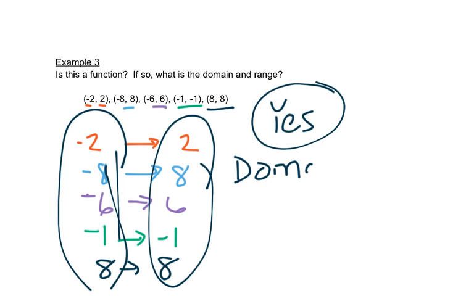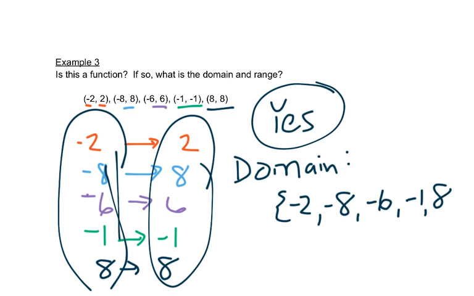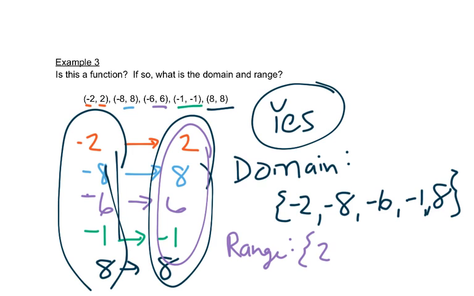And our domain would be the elements that are in this first set. -2, -8, -6, -1, and 8. And our range would be the elements that are in the second set. 2, 8, 6, -1, and 8.